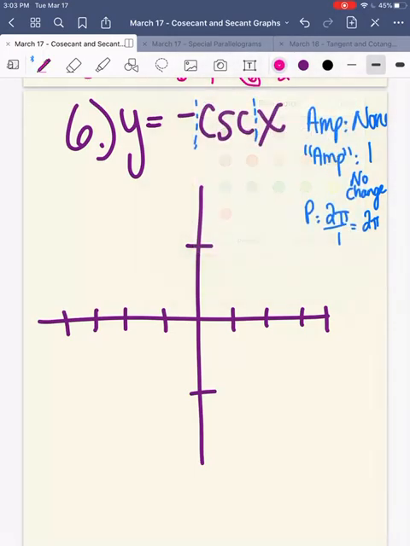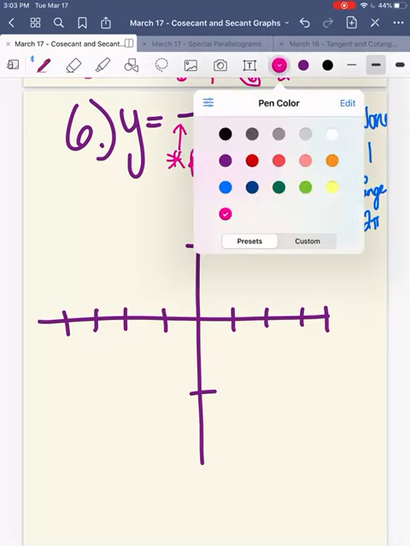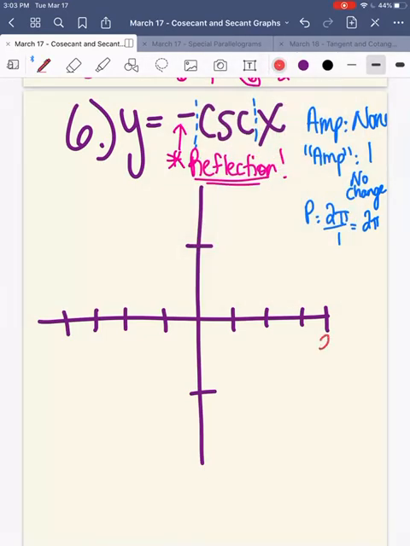But I should make it in a really pretty bold color, because that means there's a reflection. Let's not forget that. So really nothing has changed. This is like the parent function, only we have reflected it. So 2 pi, pi over 2, 3 pi over 2. Like I said yesterday, I think y'all pretty much have these memorized.